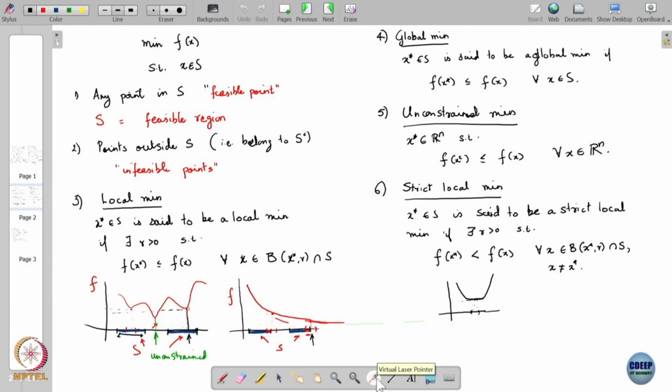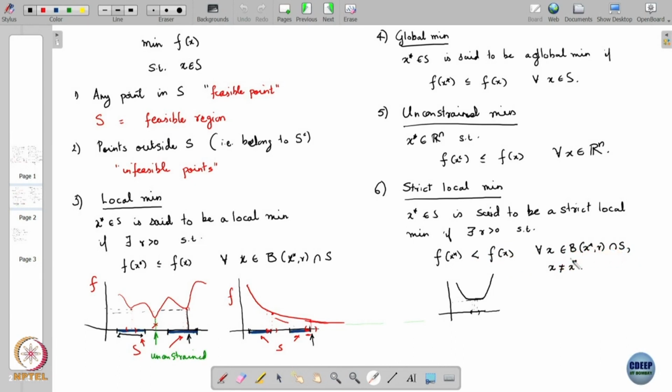What does that mean? It is a local minimum, which means that there exists an r greater than 0 such that f of x star is less than or equal to f of x for all x in this neighborhood. Now, if it is strict, then there exists an r greater than 0 such that f of x star is strictly less than f of x for all x except x star in this neighborhood.